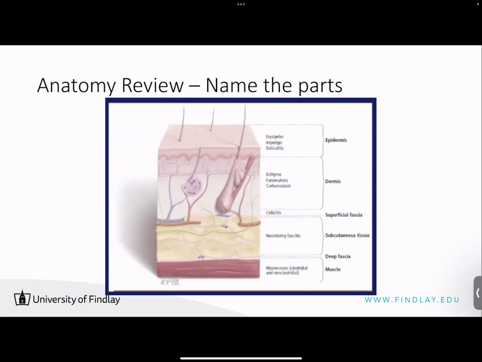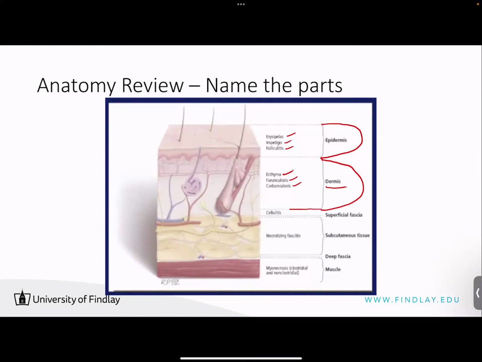So if you start off at the top and you look at the epidermis, this is where infections like erysipelas are going to occur, impetigo, and then folliculitis. As you go a little bit deeper down into the dermal layer, this is where you'll start to see ecthyma, and then you'll see furuncles and carbuncles occurring, and we'll describe what all of these are.